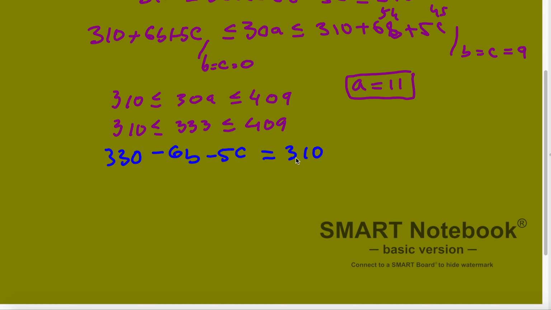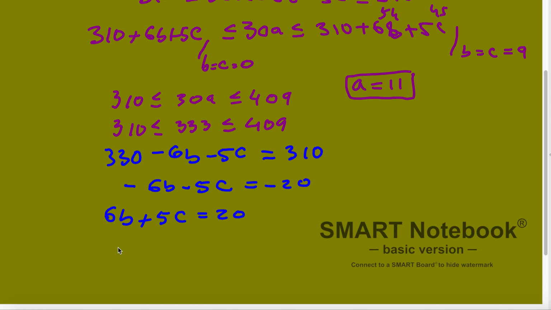I am subtracting 330 from both sides. Here it is going to be minus 6b minus 5c is equal to 310 minus 330, which is minus 20. Now if I multiply everything by minus 1, this equation gets 6b plus 5c is equal to 20.